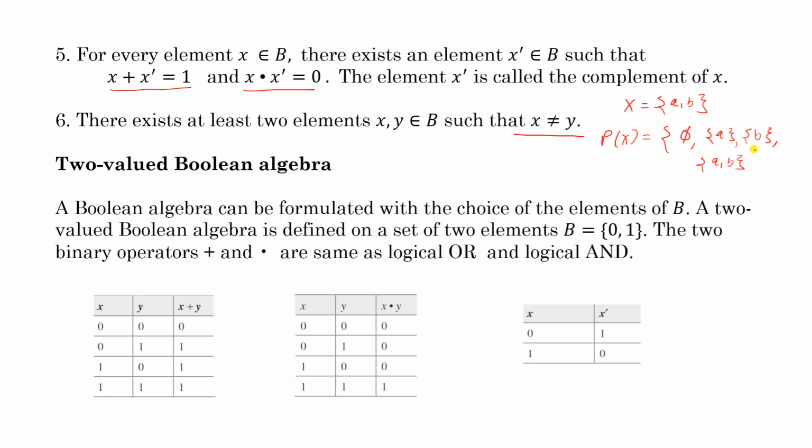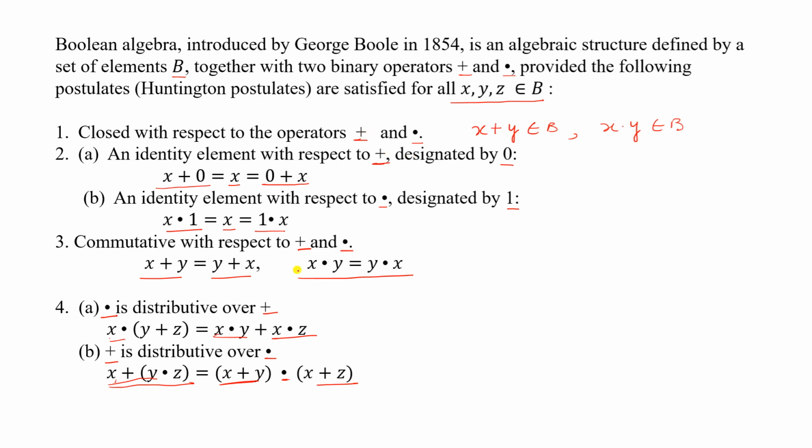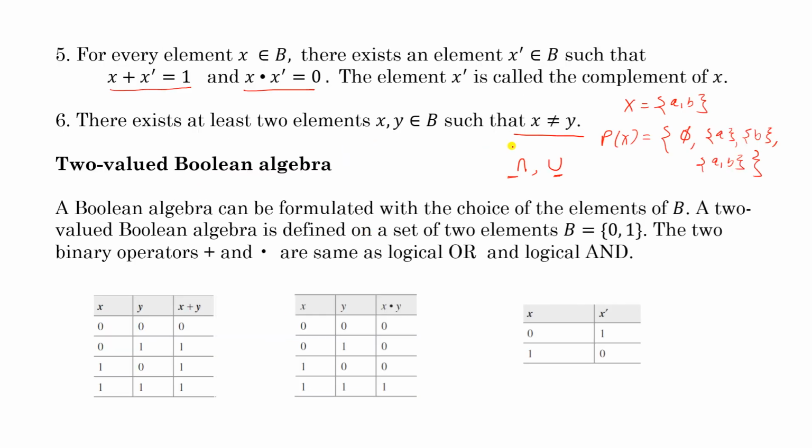So all these are the subsets of X. Now if you take the two operations, one is intersection, another is union. Intersection is in place of dot and union is in place of addition, then you will see that all these properties from 1 to 6 are satisfied for this power set of X.